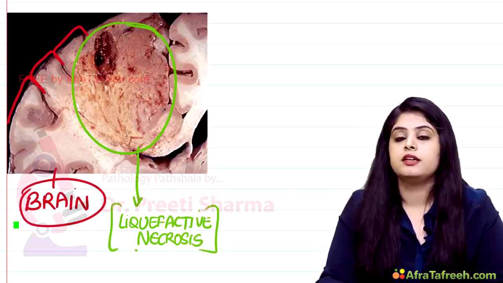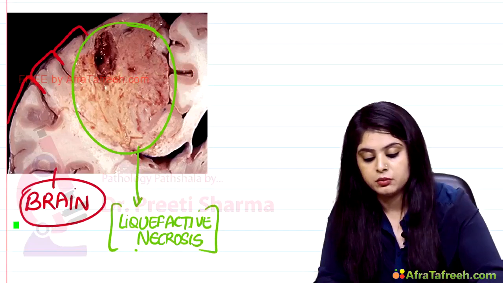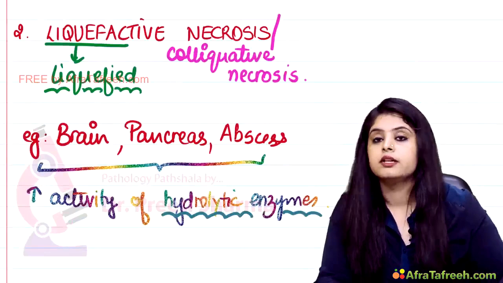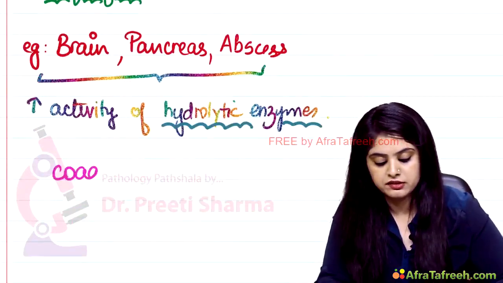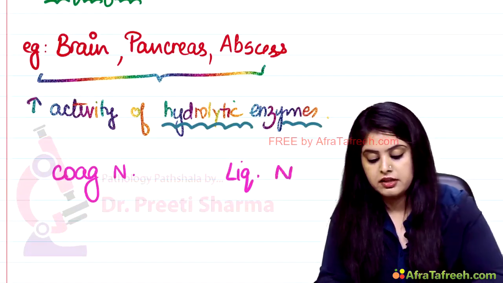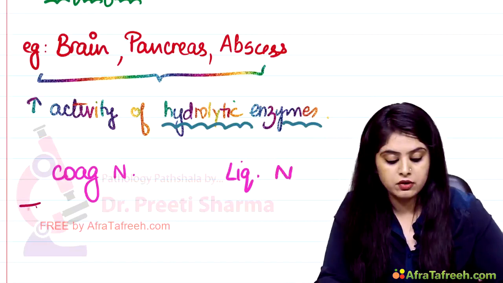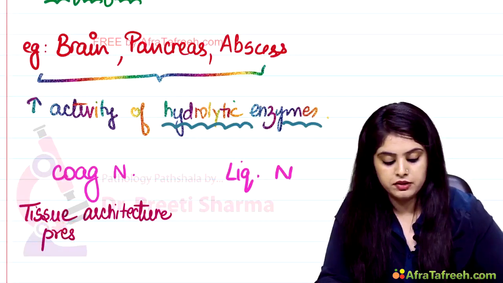So this is the image-based question that you need to know. Before we proceed to the other types, I want to tell you that there is a difference. We just did coagulative necrosis and liquefactive necrosis. Remember, in coagulative necrosis, the tissue architecture is preserved.